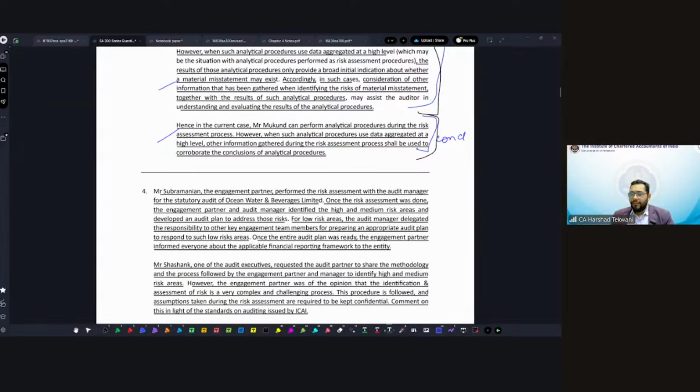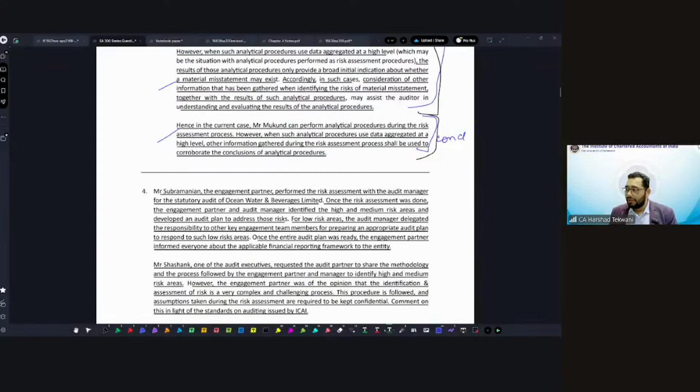Okay, read the first paragraph and then tell me what is the issue. Like we'll go to the second paragraph afterwards. Let's tell me the issue in the first paragraph. What issue do you see in the first paragraph? Come on, guys. Because see, this is where your understanding about the topic will increase.